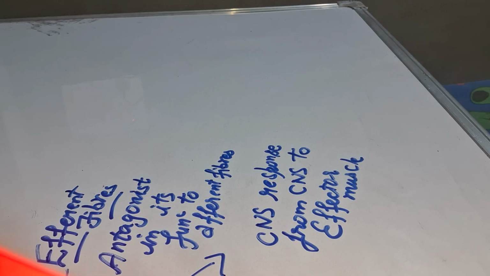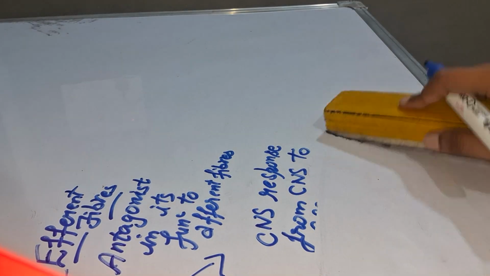In simple language, we can say the central nervous system's response to a stimulus, from the central nervous system to effector muscles, is transmitted by the efferent fibers. I hope the difference is clear between the afferent fibers and efferent fibers.